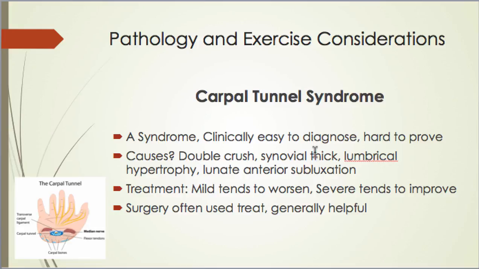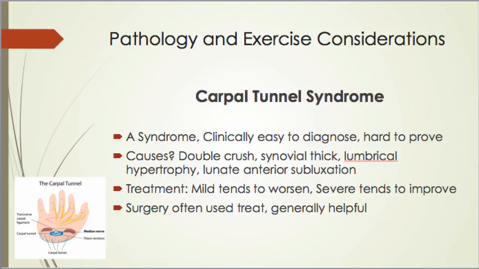We can also have synovial thickening of the flexor muscles of the fingers, and we can have lumbrical hypertrophy that can be a cause of carpal tunnel syndrome from distal, where the lumbricals are, to proximal. Okay, and finally, the lunate can sublux anteriorly and cause compression on the median nerve.